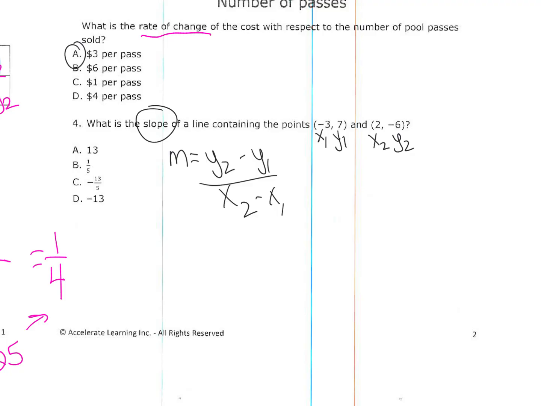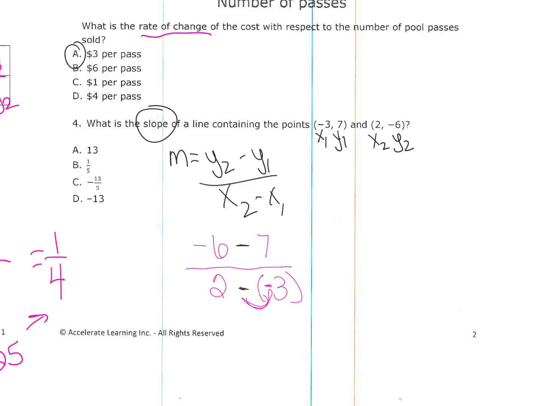My y2 is negative 6, minus, because that's part of the formula, my y1 is 7, over my x2 is positive 2, minus my x1 is negative 3. And this is where I am going to put in those parentheses. We talk about that in class because those parentheses allow me to capture that negative because I don't want to lose either of these negatives here.